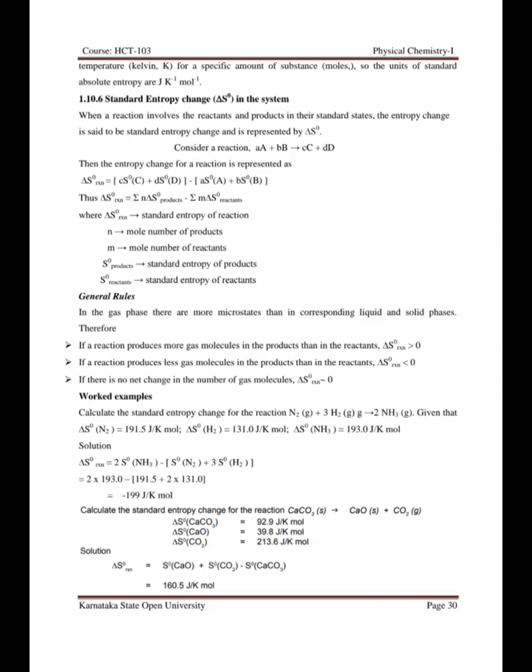When you consider a moles of A plus b moles of B giving c moles of C product plus d moles of D product, the entropy change of the reaction is represented by delta S naught of the reaction equal to c S naught of C and so on. If you explain it in simple basic terms, it is the product minus the reactant. So that is what is given in this equation.